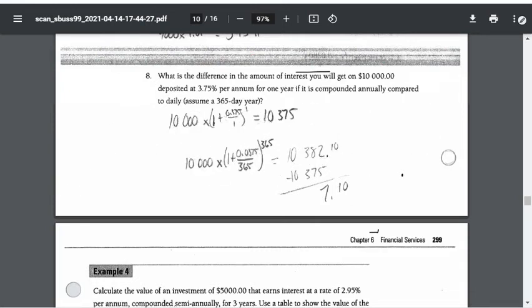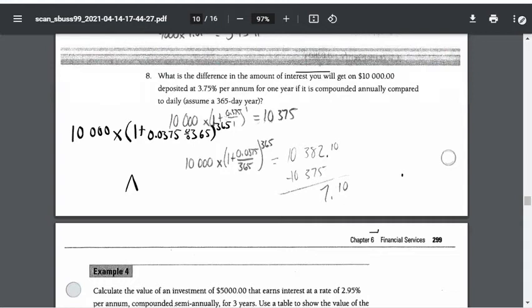So realistically, this is what I'm punching in my calculator. I wish I could show you this in class, but it's 10,000, and I go times, and what I do is I put a bracket and I go 1 plus 0.0375 divided by 365, enter bracket, and then on your calculator there's a button that kind of looks like that, and that means take it to a higher power, and you want to take it to the power of 365.